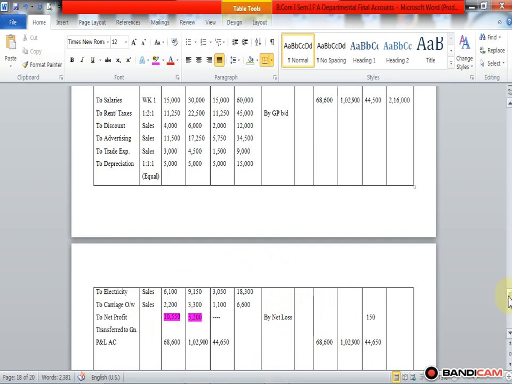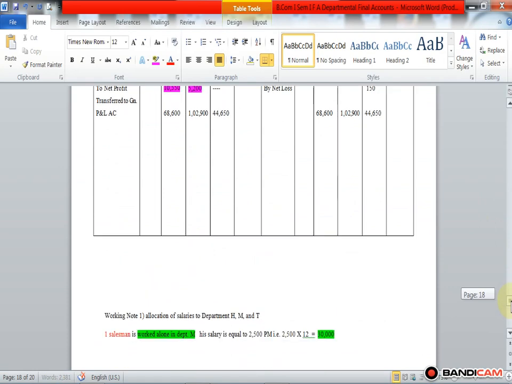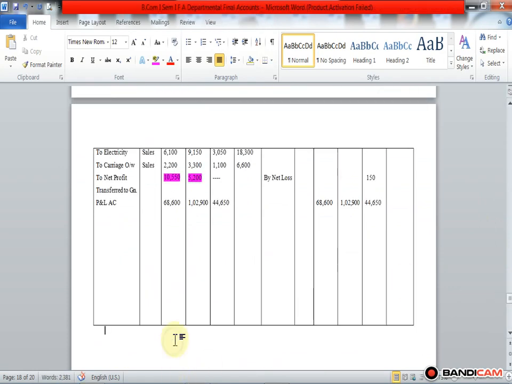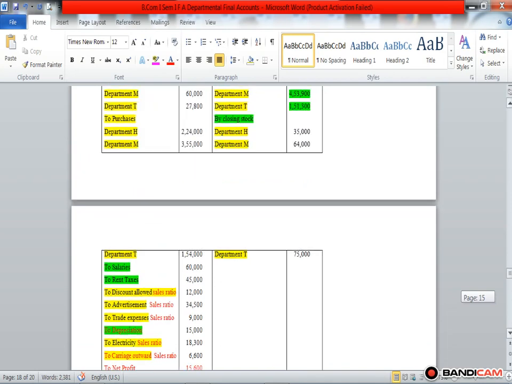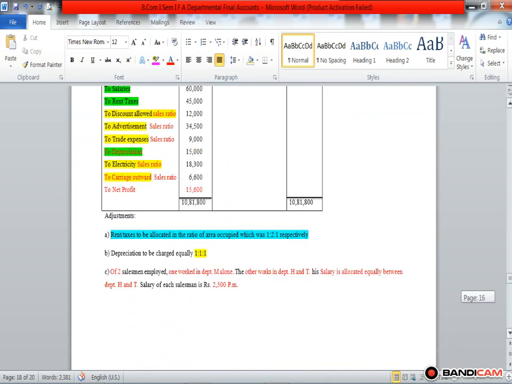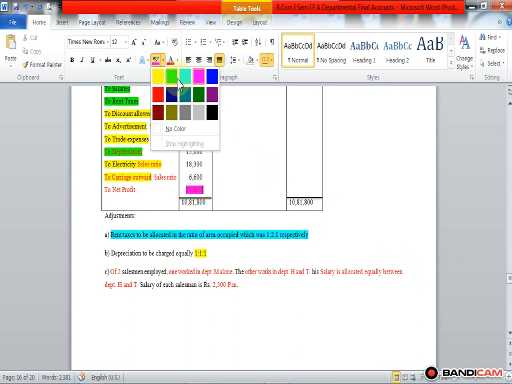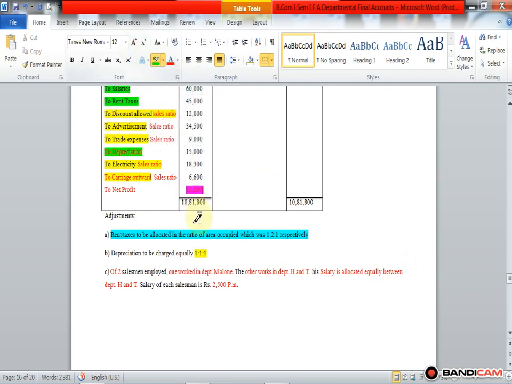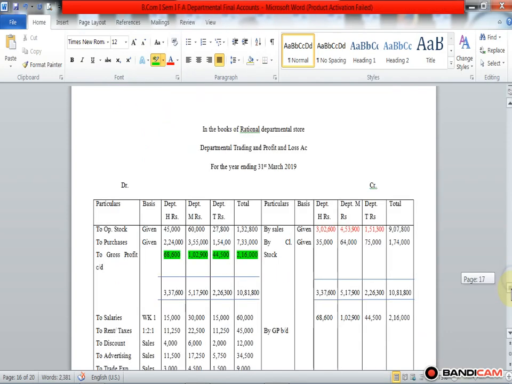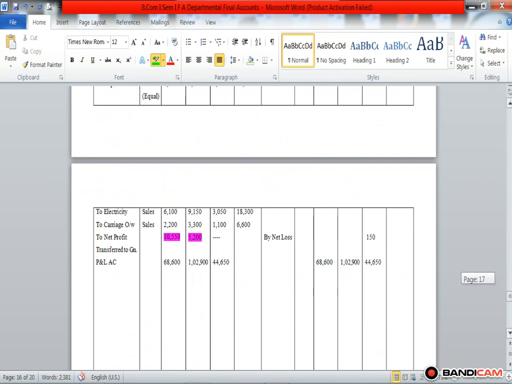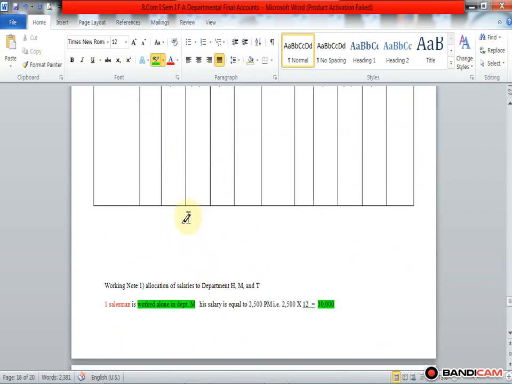In our problem, our net profit is 15,600. So verify whether this profit is right or wrong.